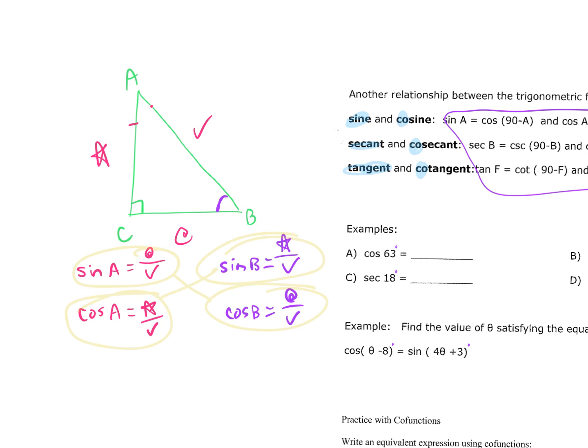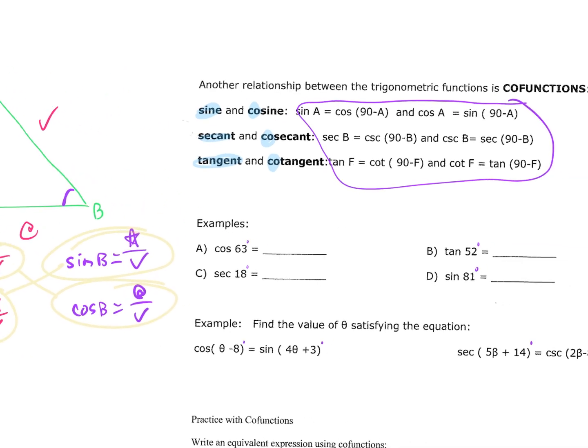If we think about what our cofunctions are, those sines and cosines are cofunctions of each other. Basically, thinking about things from the other perspective, we're going to get that same ratio, okay? For some people that kind of helps. Others, it's like, yeah, right, whatever, just move on.